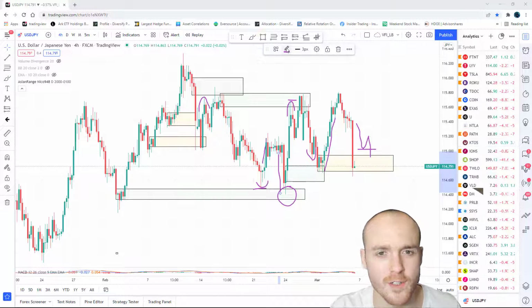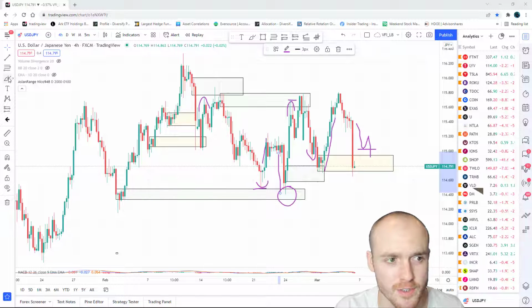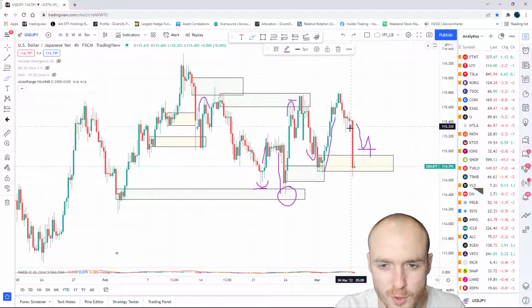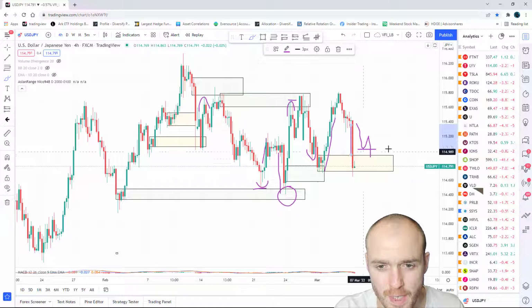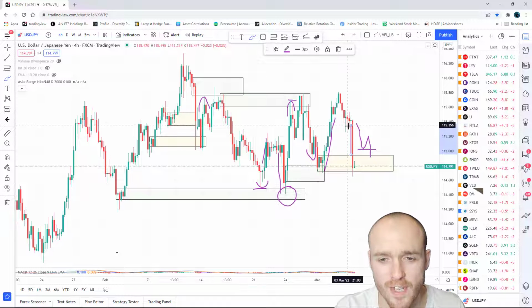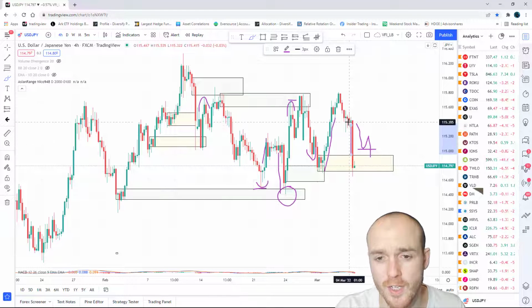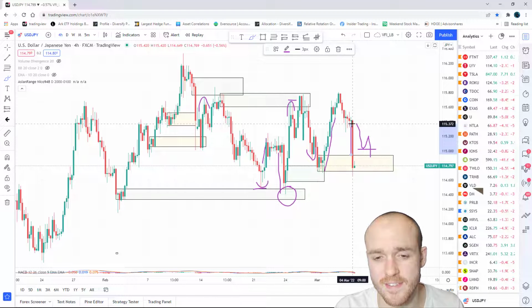So let's take another quick look at the price action to the right over here. With this move being this dramatic, you have to ask the question: if the institutional investors want to take the price up after this move, where is the selling volume going to come from?